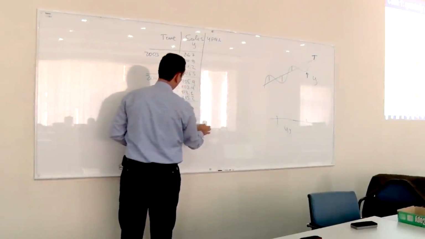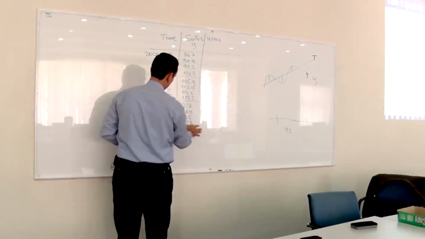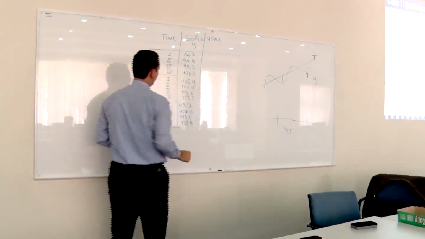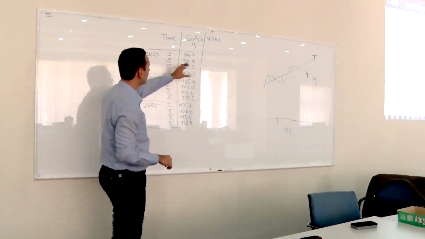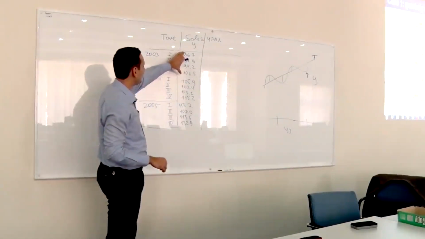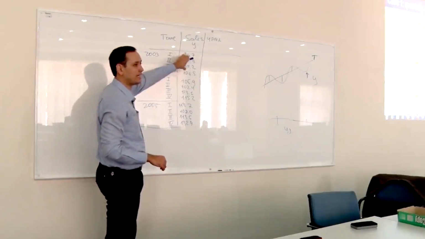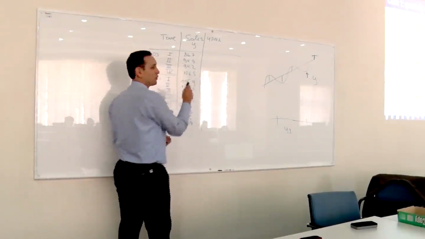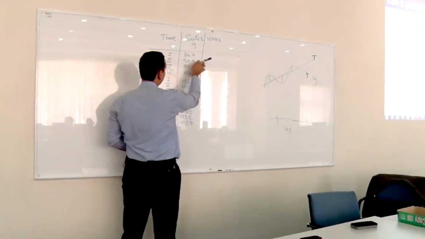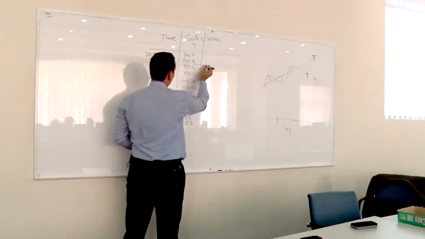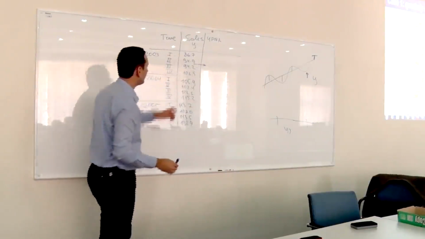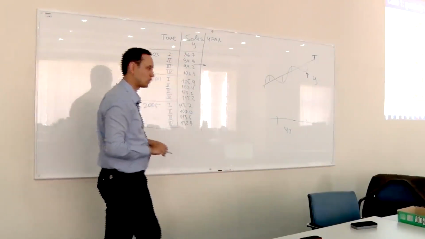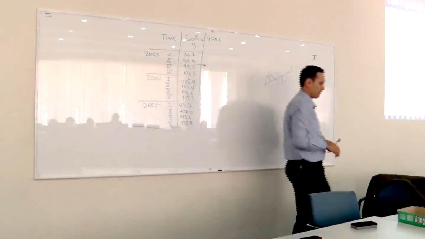The 4-point moving average is calculated by taking the first 4 numbers and finding the average of these 4 numbers. You should write it in between them, between the second and the third number, right here. So can you calculate the average of these 4 numbers?